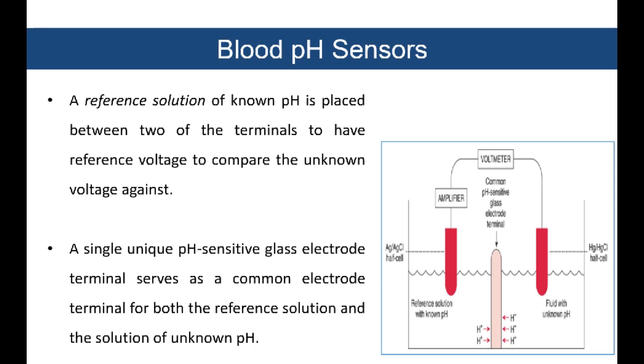Or we can say a single unique pH sensitive glass electrode is used as the common electrode terminal for both the reference solution and the unknown pH solution, and the pH sensitive glass electrode will give you the data of the presence of pH in that solution.